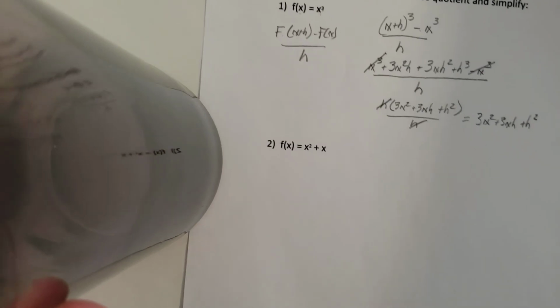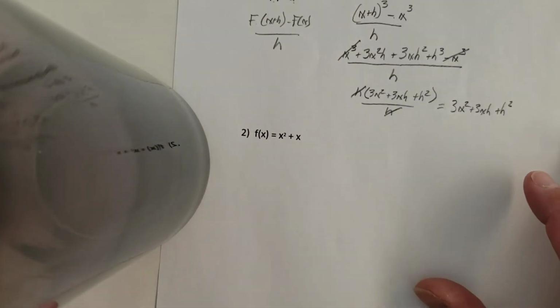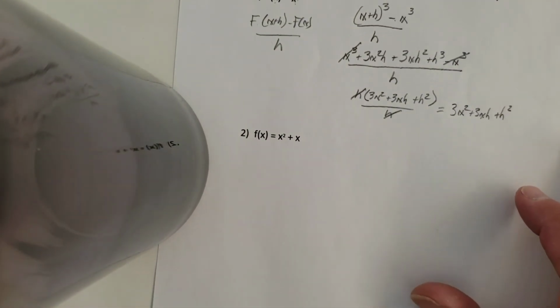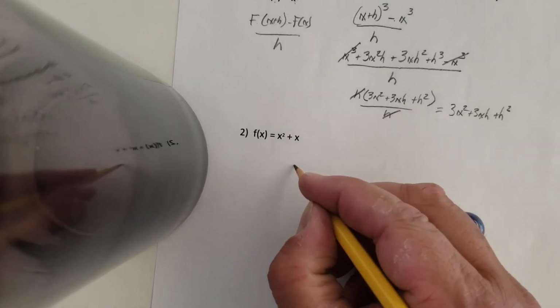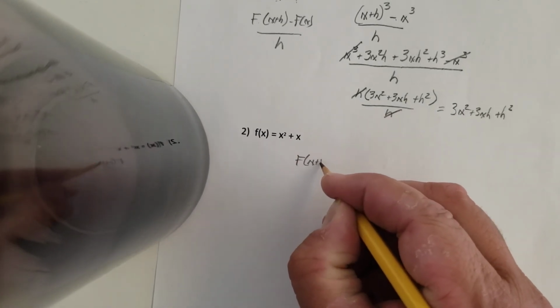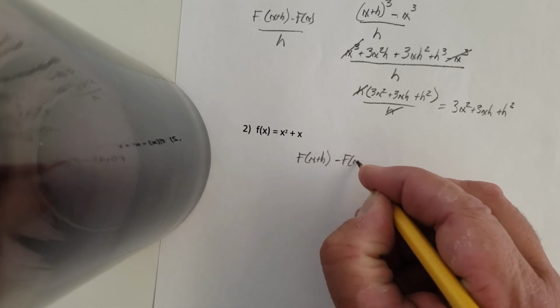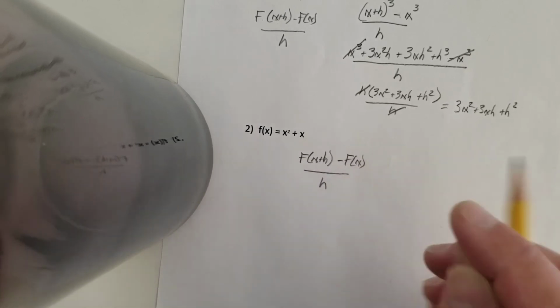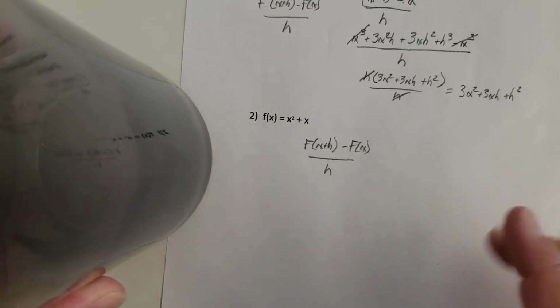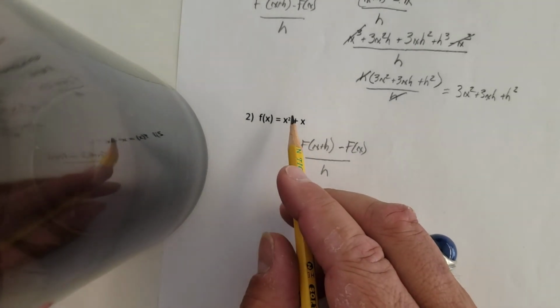Okay? And now, one last example. Okay? Again, f of x plus h minus f of x over h. Now, my function is x squared plus x.